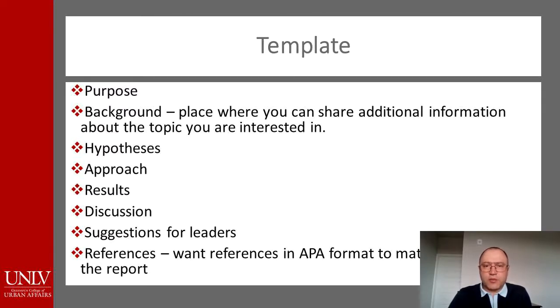In the approach, you can talk about your method of analysis. For example, if you are going to apply a t-test statistic, you can introduce how you are going to use this statistic in your research and what software you are going to use. In the results, you can bring the result of the t-test and some graphs and charts.